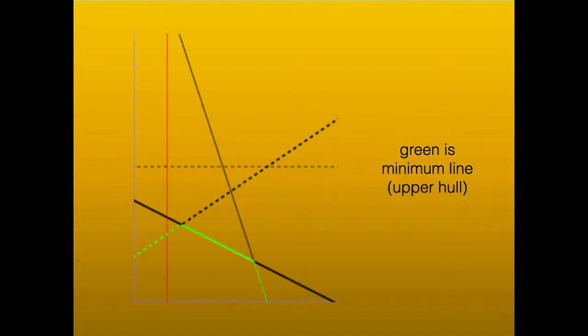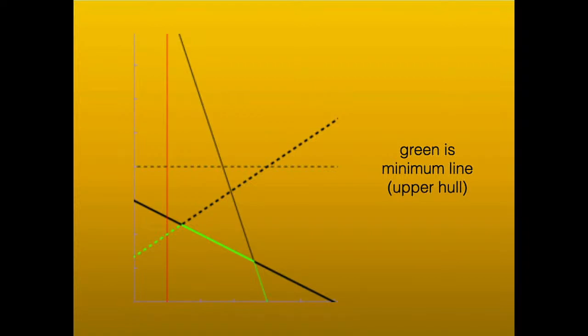This image is taken from a great reference for this topic as well. Let's say there are these lines, each drawn differently so you know which line is which. You see that the green line here is the upper half. This is the line that can be the answer when you query x equals xi.